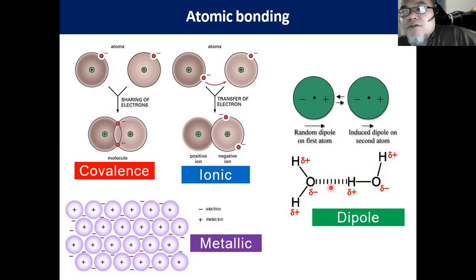This kind of bonding also occurs in other molecules, where sometimes we have a random dipole. The electron travels, orbiting the nucleus, and some of the time the electron will be more distributed in one region of the sphere.